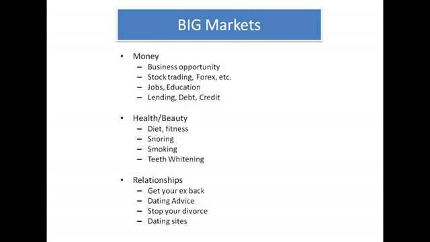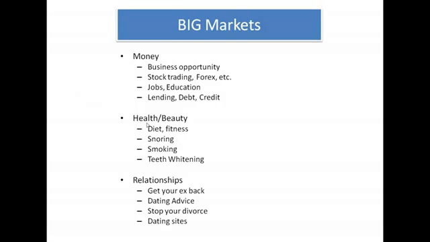So there's all of these little different niches within the money niche, right? And the same with health and beauty. There's diet, fitness. Yeah, and I see somebody's put coupons here for money. That's also related to money, and actually we're going to use coupons as an example in this webinar a little bit later. And you're right, that's related to this overall motivation for money.